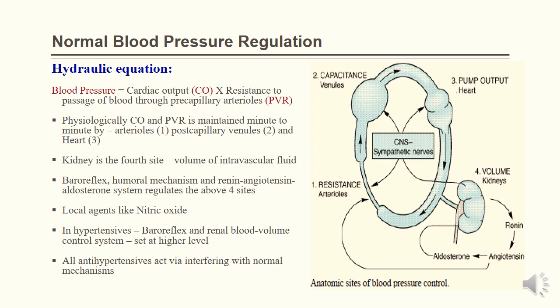And blood pressure is controlled by baroreceptors. In the first point we can see physiologically cardiac output and peripheral vascular resistance are maintained minute to minute, or moment to moment, and this is exerted at three anatomic sites: arterioles, postcapillary venules and heart, and the kidney is also involved as a fourth site.